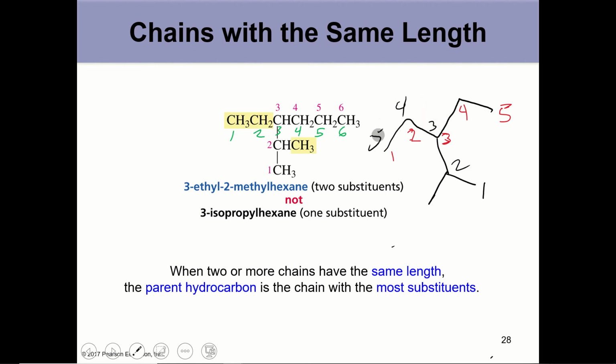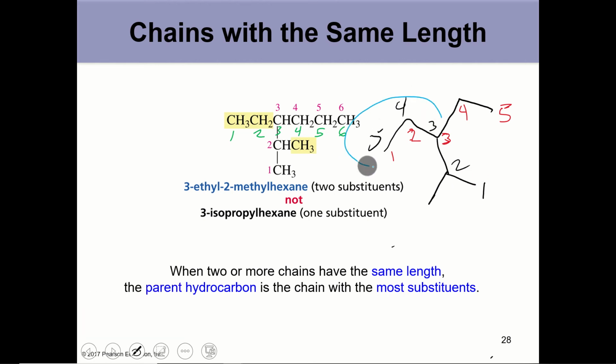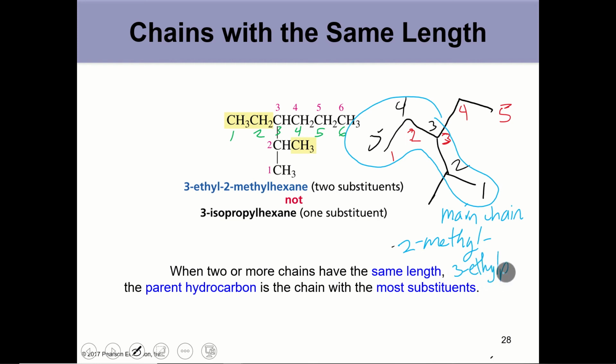And so the numbering in black is the correct choice for the main chain. Then we can give our substituents as 2-methyl, 3-ethyl, pentane as the main chain.